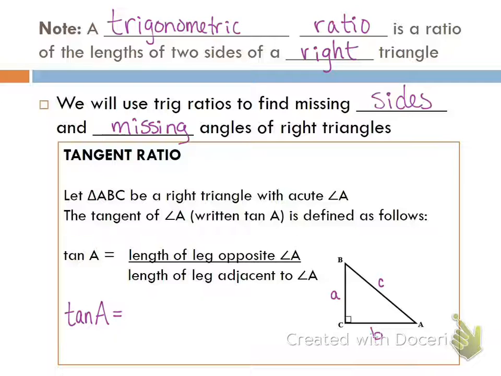Okay, tangent of angle A is equal to the length of the leg opposite angle A. What leg is opposite angle A? Okay, lowercase a, little a, over the length of the leg adjacent to angle A. Lowercase b. Okay, so opposite, I'm hoping at this point we already know, means across from.